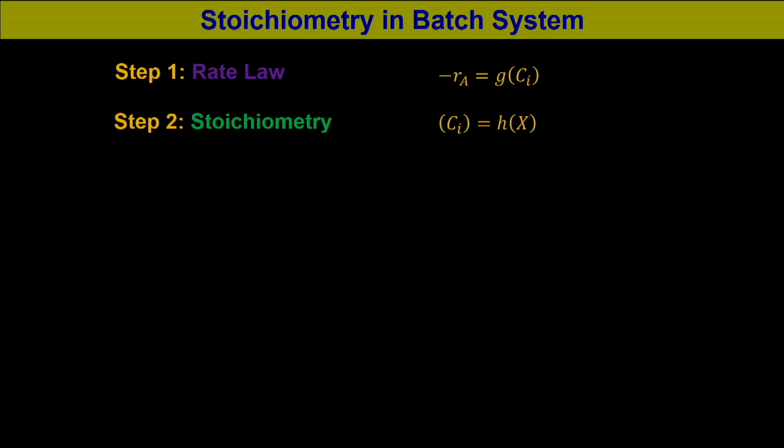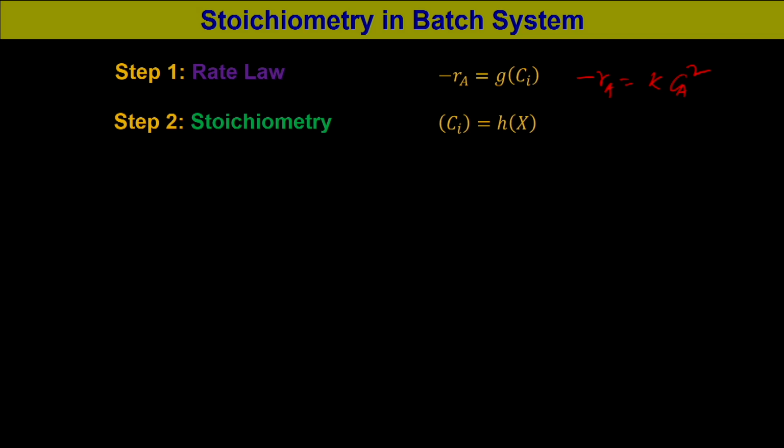Now, if we consider the concentration of A as moles per unit volume, then for this our minus R A is equal to K C square. Now, we need to convert concentration to conversion.